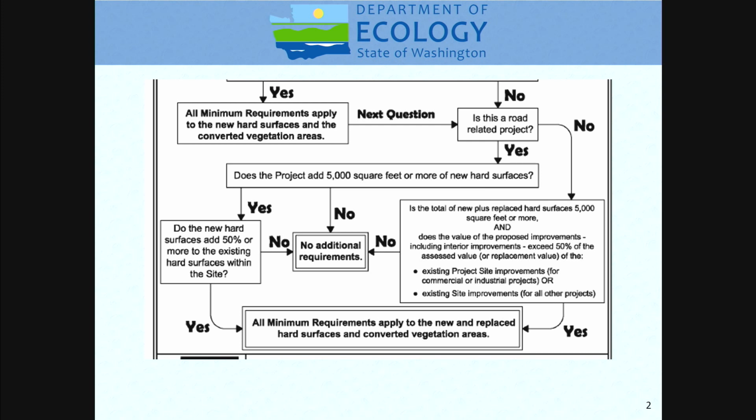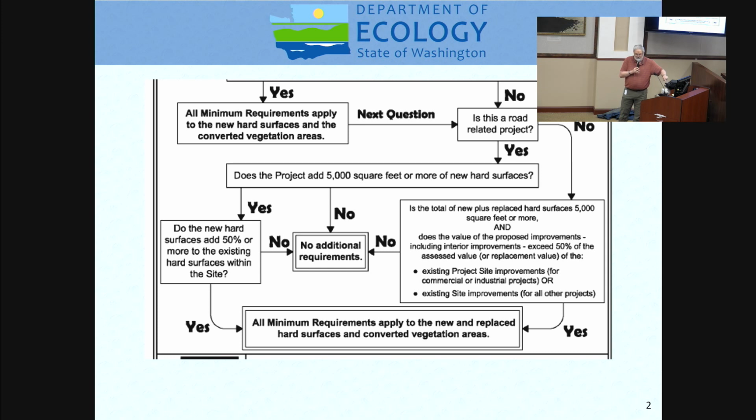We don't want them to have to do the whole thing. So we've broken this question into two pieces. For commercial and industrial sites, you use the project site as your determining factor for the value increase. For non-commercial and non-industrial sites, you use the whole site for your analysis.